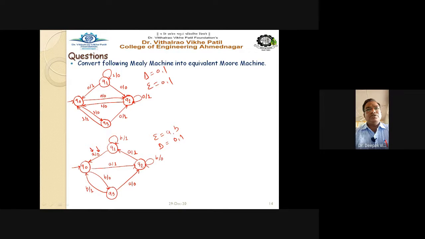So the output symbol is 0, comma 1, and inputs are now A and B. Accordingly, you have to write down Q dash, then find out delta dash and then lambda dash. In the first case both are 0, comma 1. Okay, so these are the questions for homework, right?